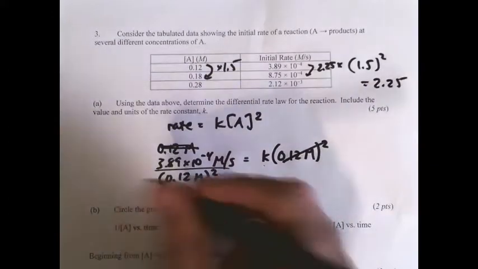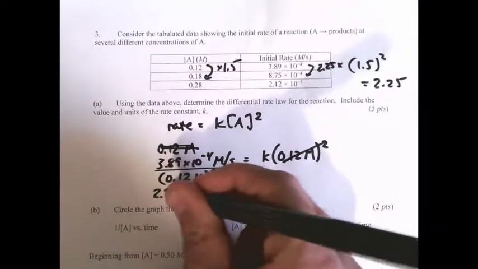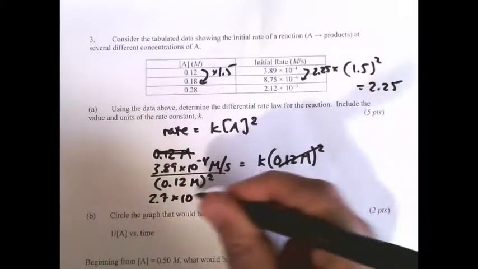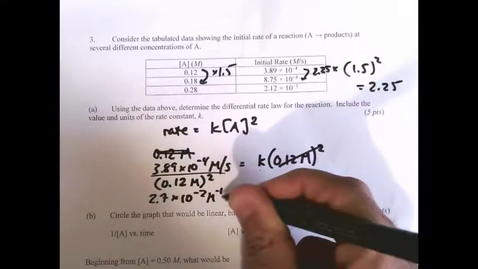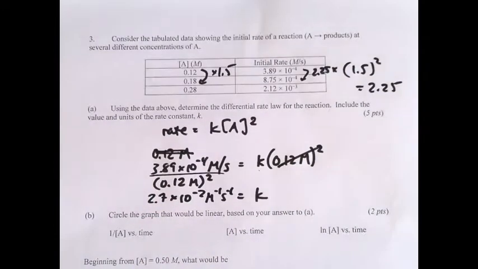And that value comes out to be 2.7 times 10 to the minus 2 molar to the minus 1 seconds to the minus 1. Again, notice the funky units. If I take that number and I multiply it by 2 molarities, I'm going to wind up with molar per second, just like I should.